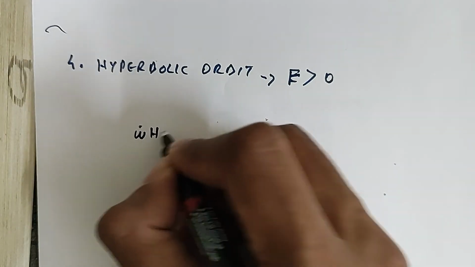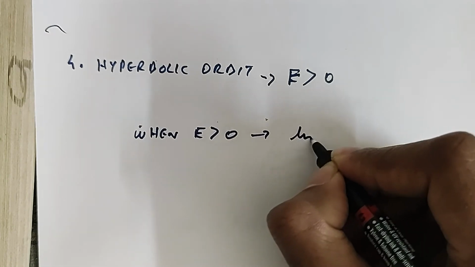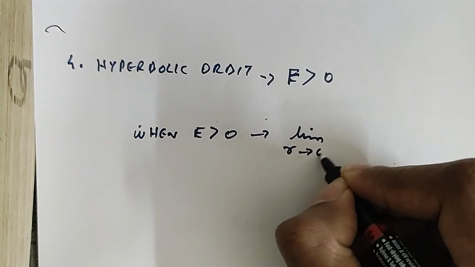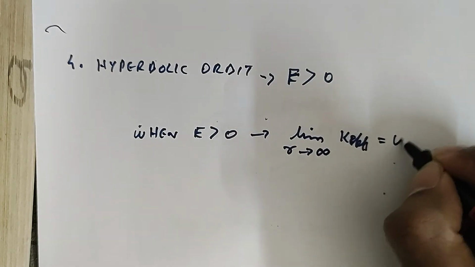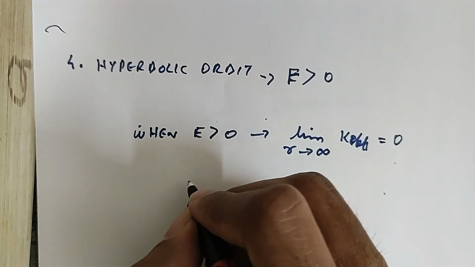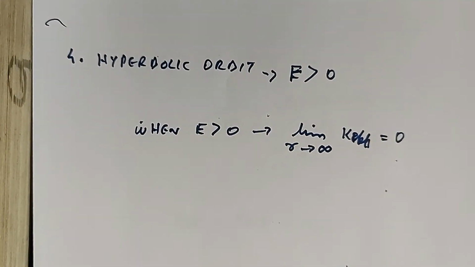So when energy is greater than 0, my limitation in the kinetic energy term as r tends to infinity will be 0. Now this corresponds to the equation of a hyperbolic orbit.